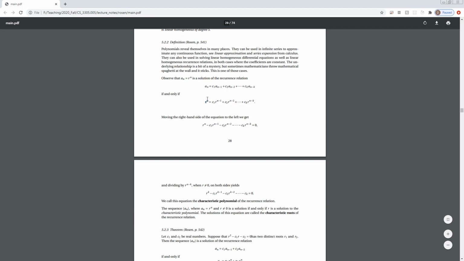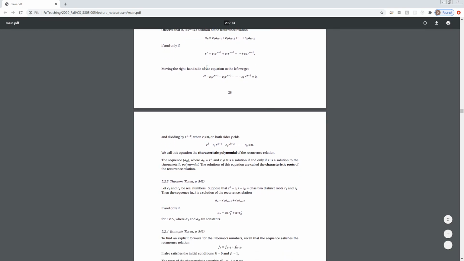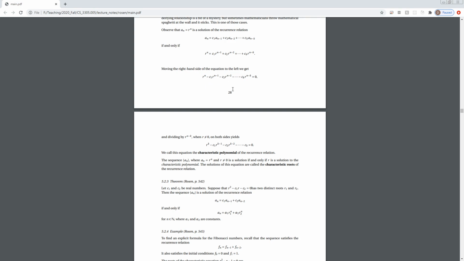So if these two are equal, then each of these previous terms would have been equal, and if those were equal, then we wouldn't necessarily need to change the constants at all. So then this would take this form. And now we have a polynomial, and we want to get it equal to 0 so that we can start computing roots and stuff like that. We have it in some familiar form, so now we have it like that.